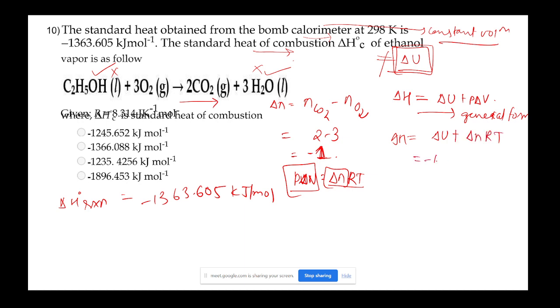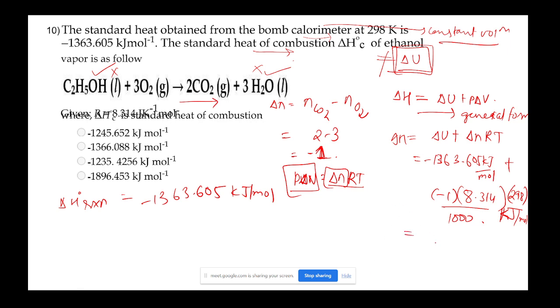Delta U is minus 1363.605 kilojoule per mole, delta N is minus 1, 8.314 is the value of R, and T is 298 Kelvin. This will give me joules per mole, so to get kilojoules I divide by 1000.